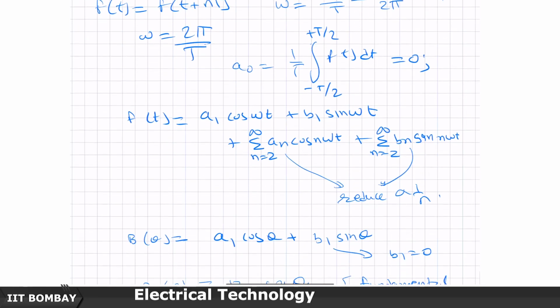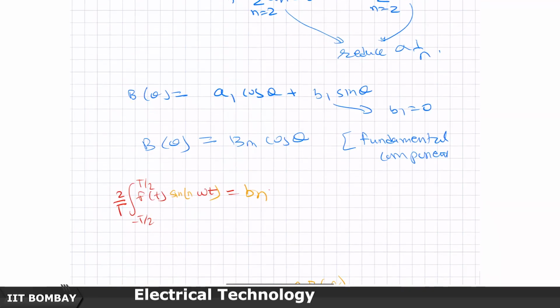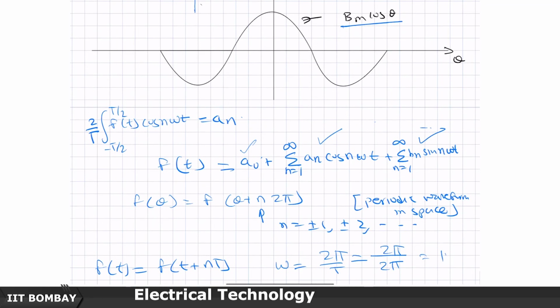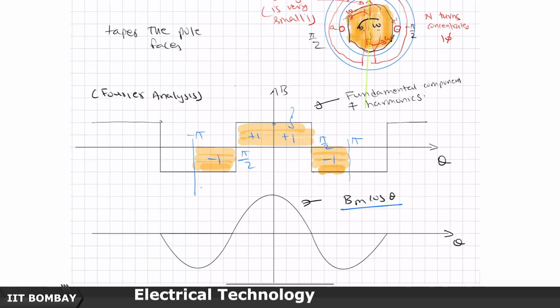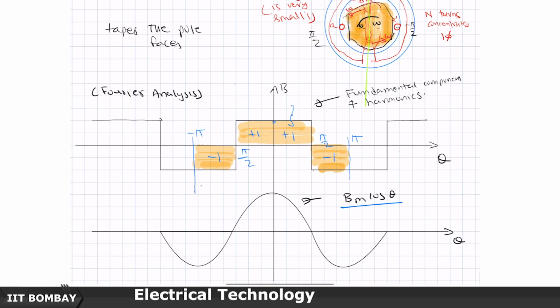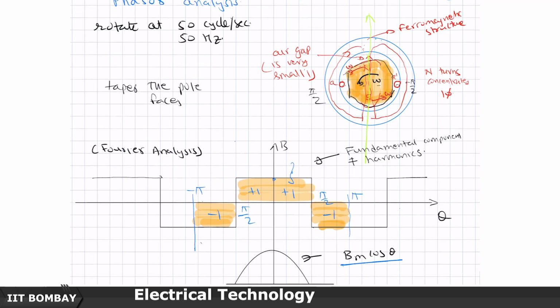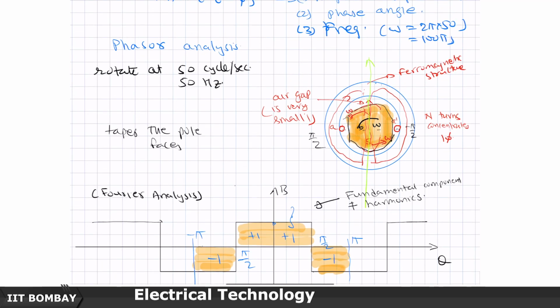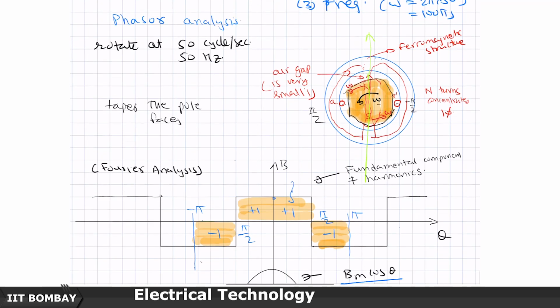Where have we written that formula? This is the Bn, yeah. So here the formula for A1 will give you the value of Bm. We will not calculate it, we are not trying to do too much analysis of it. I have digressed a bit, but it will help, no problem. These concepts will build on as we go forward.